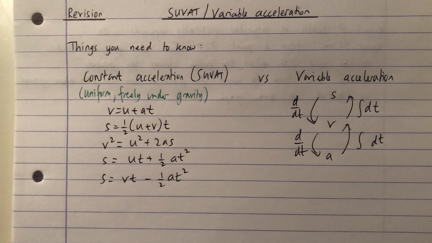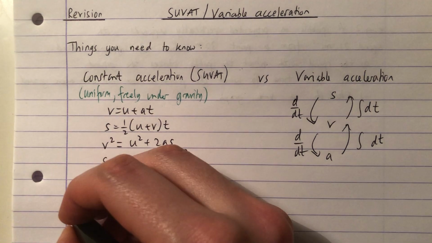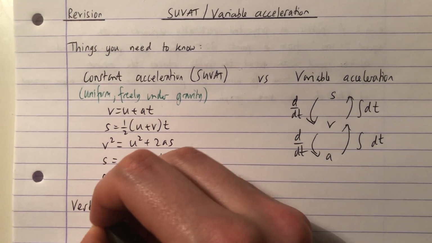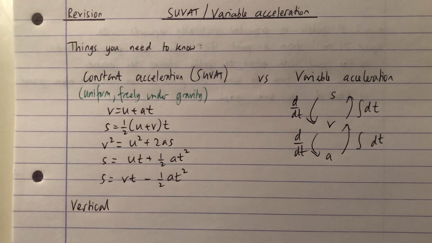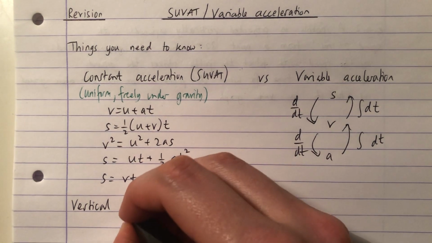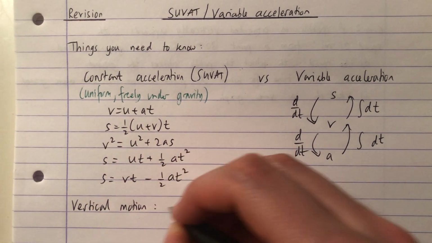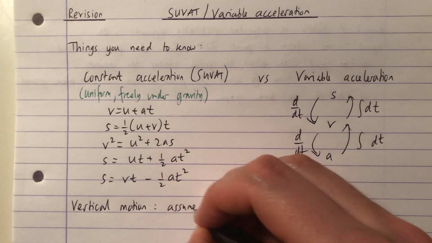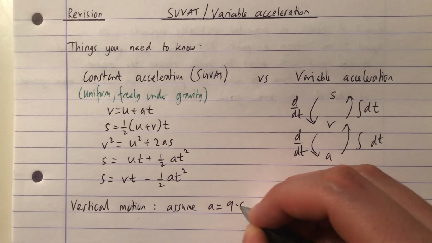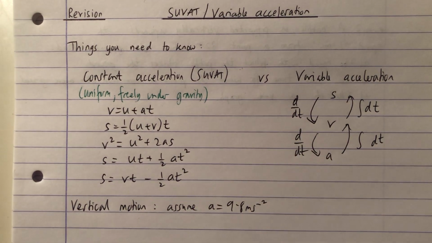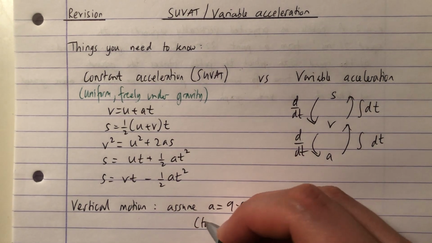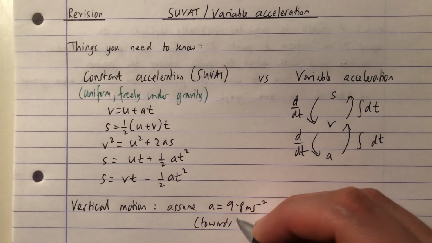One other thing you need to know for the SUVAT stuff is when you've got a vertical motion, so something where the particle is moving freely under gravity, it's an extra assumption. a is equal to 9.8 meters per second squared, and that's always directed towards the Earth.